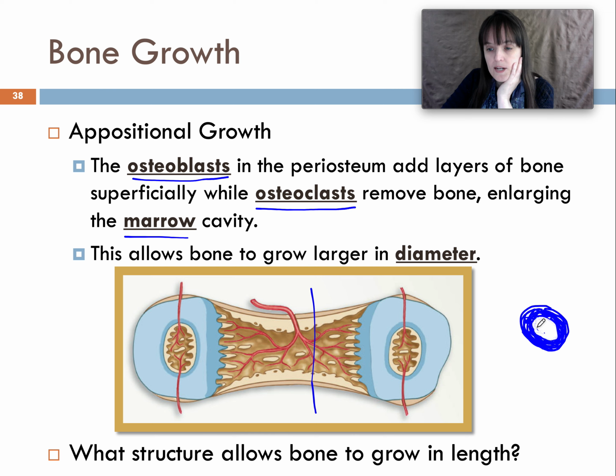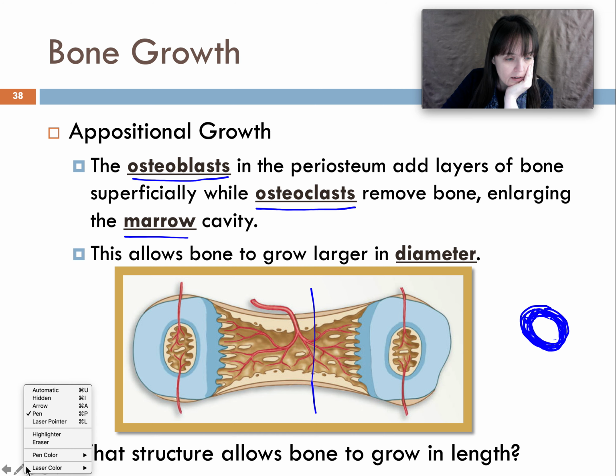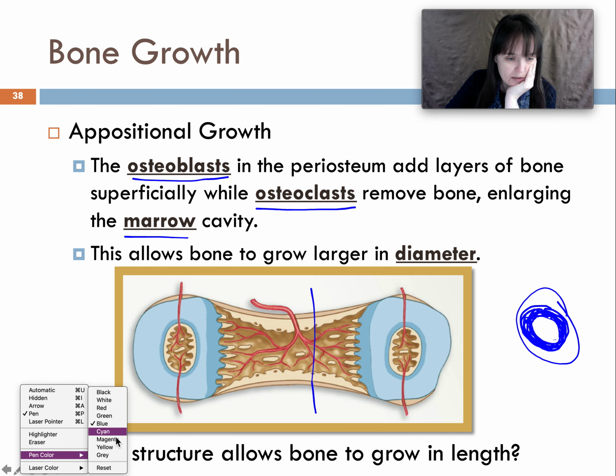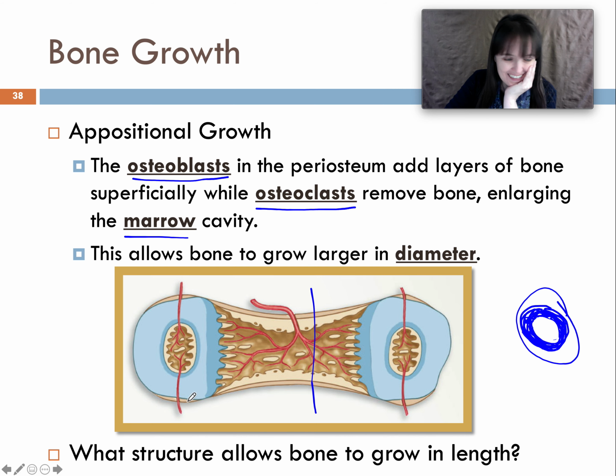So the bone, again, like the epiphyseal plates, stays about the same width, and keeps growing. We'll do one more round. It gets bigger around. And then it gets erased.